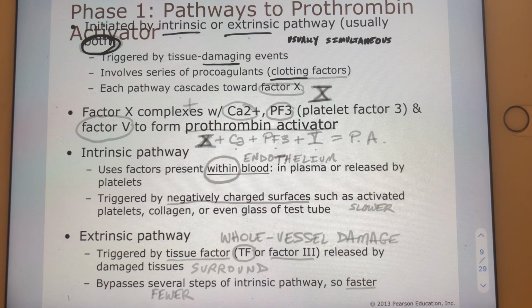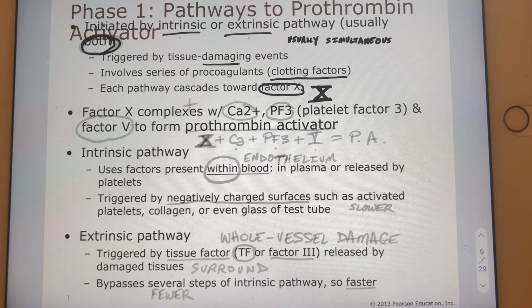Both pathways involve clotting factors, and both pathways are a cascade, a collection of reactions, one driving the next, toward clotting factor 10, Roman numeral 10. Okay, so whether it's intrinsic or extrinsic, we're trying to get to clotting factor 10.